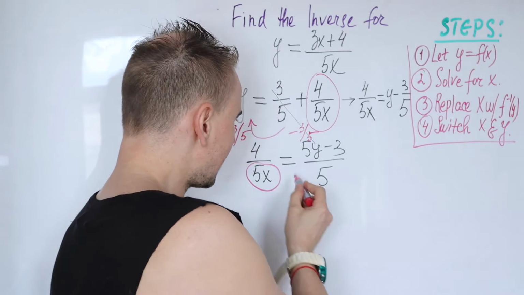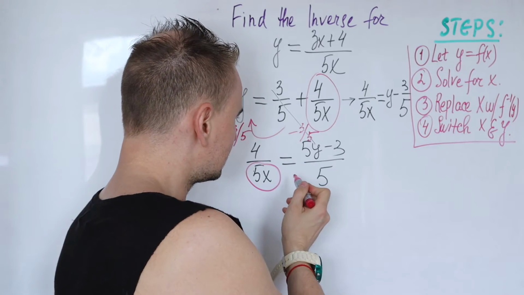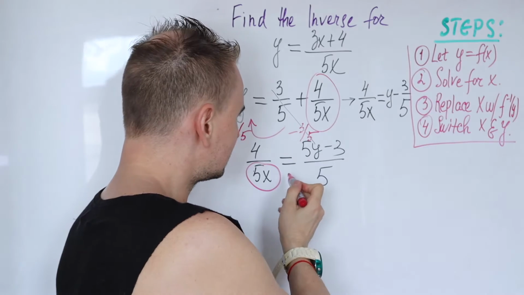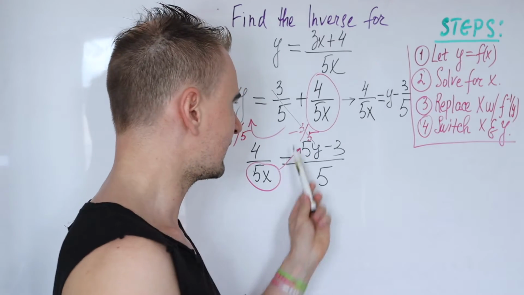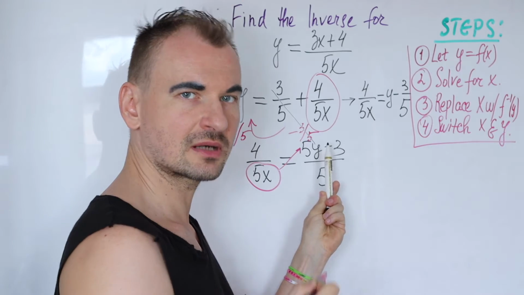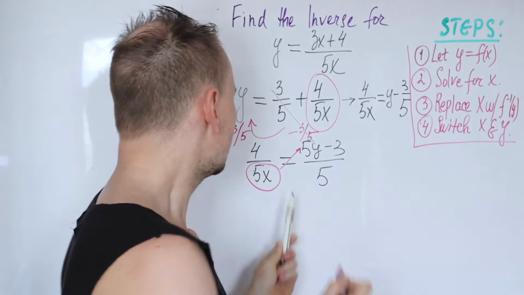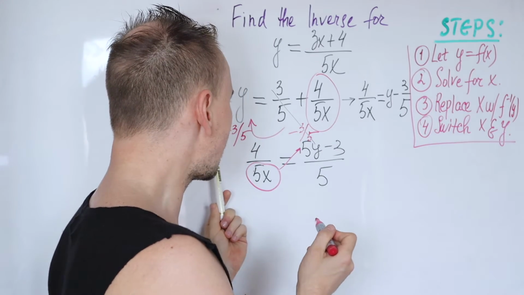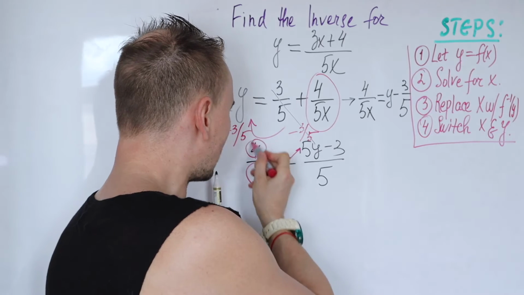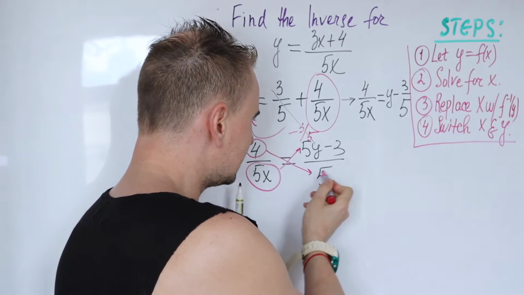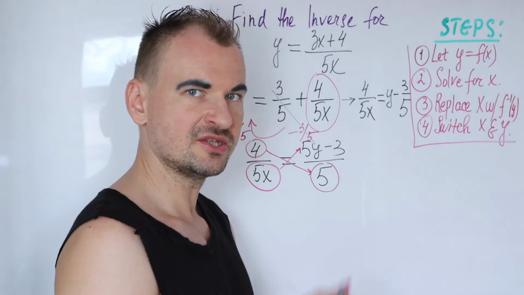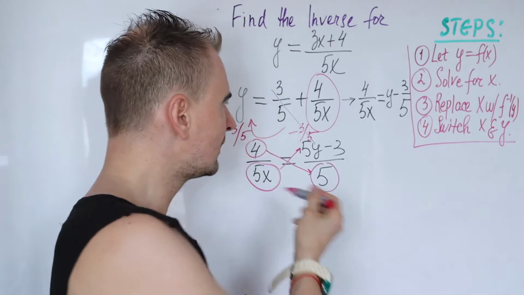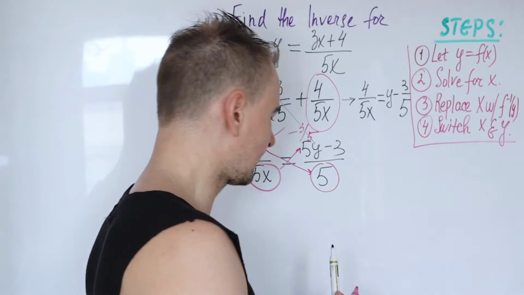You want to multiply this term by the right top, and multiply this left top by this right bottom. Just normal, simple cross multiply.